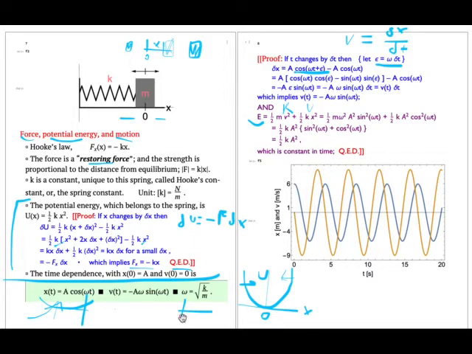And this is the relation between k and omega. I'm proving that in order to make E constant, omega has to be the square root of k over m. And I know E is constant because of conservation of energy for a conservative force. So since energy must be conserved, omega must be equal to the square root of k over m. Let's see why.